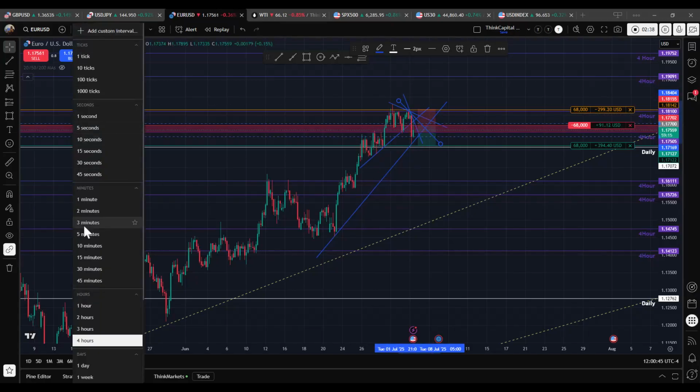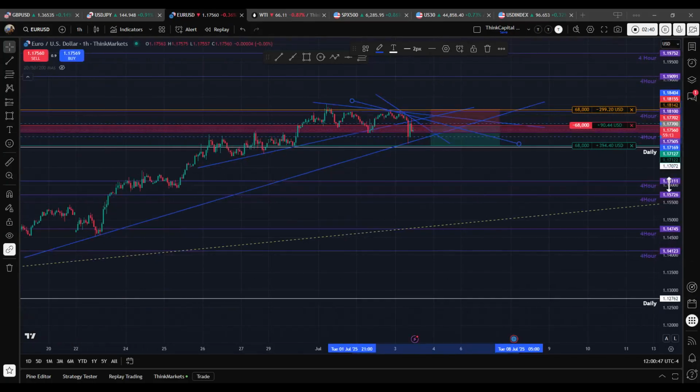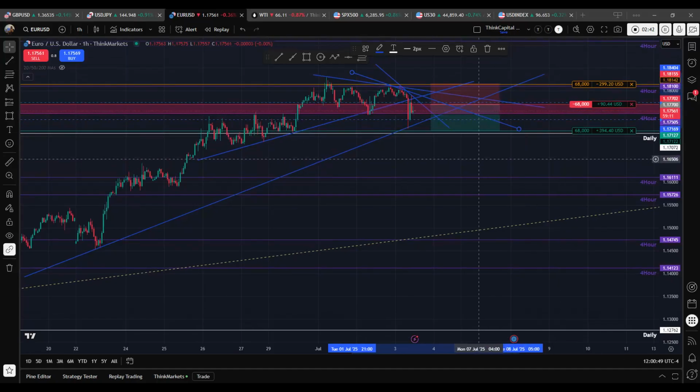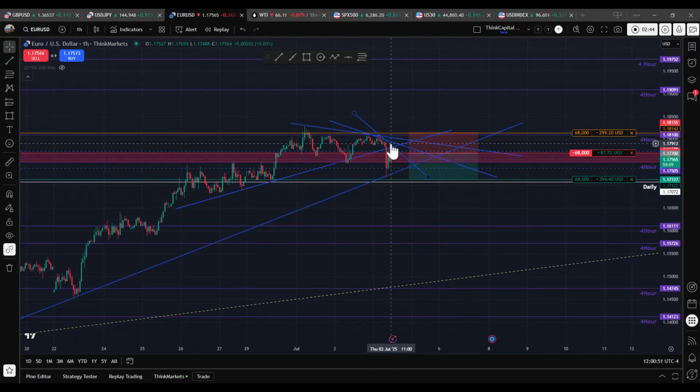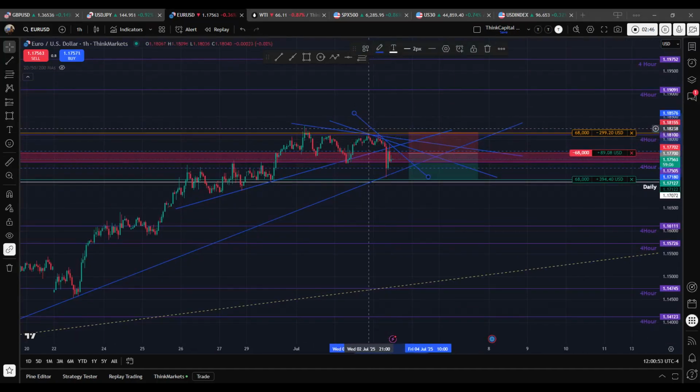And then when I go to 1 hour, as you can see, I can have another trend line, which is this one. So it's been getting steeper every time the price moves towards the downside. So that's why I've been adding more trend lines to my chart.